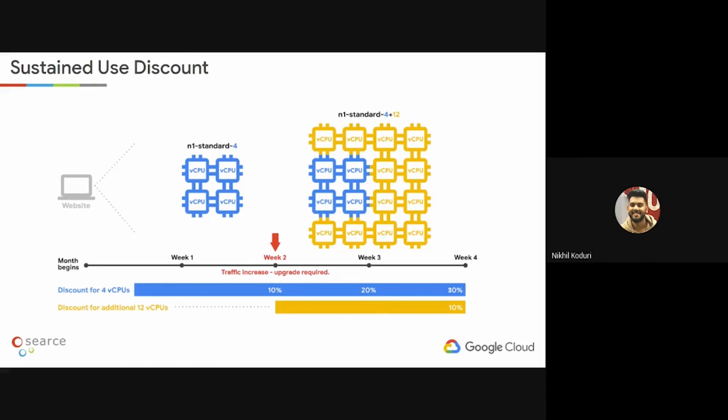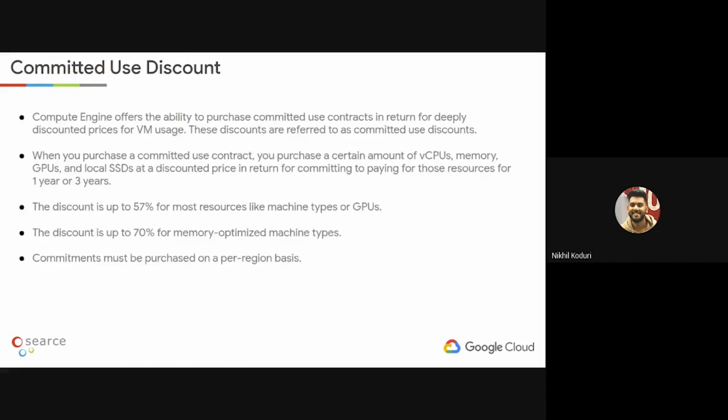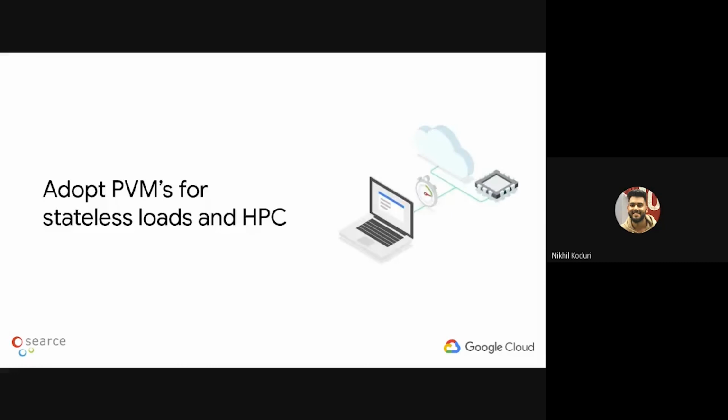If you want to reserve resources, then you can use the committed use discount that works on a 1 year and 3 year basis. So we have the committed use discount that gives you the 1 year and 3 year commit that you can provide, and you can save on the CPU and the memory resources that you would be deploying, and utilize them in an efficient manner.